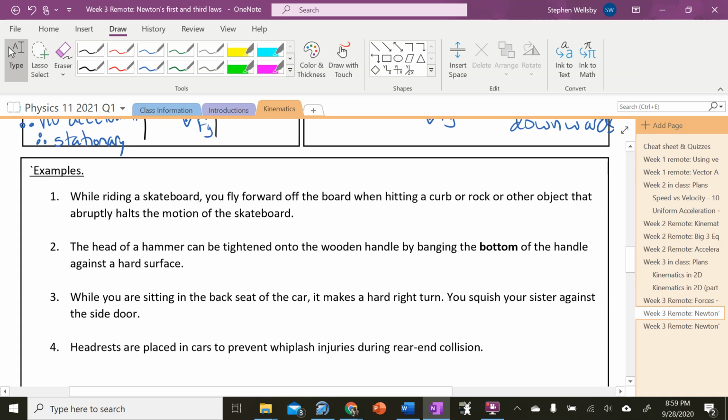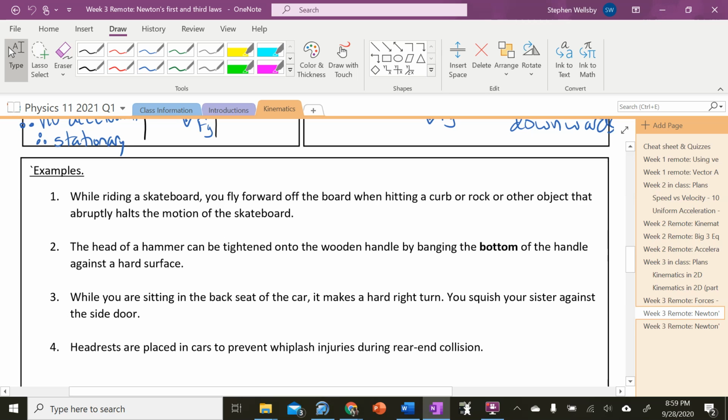Now all of a sudden your board stops, but your body also has inertia. Your body also wants to continue moving in the direction that it was moving already, unless there's some outside force. So just because the skateboard has stopped doesn't mean that your body is going to immediately come to a stop. So that's why you would fly forward.